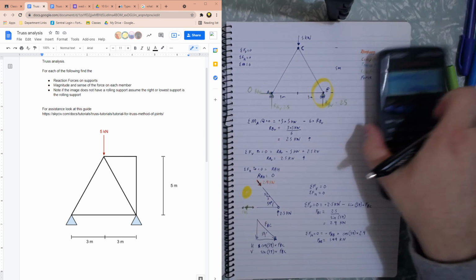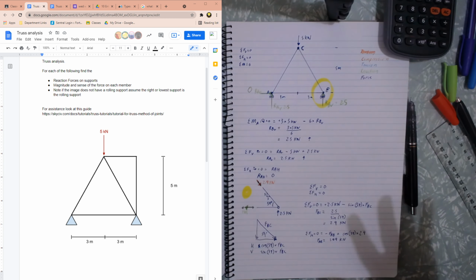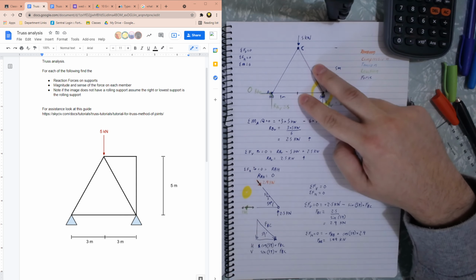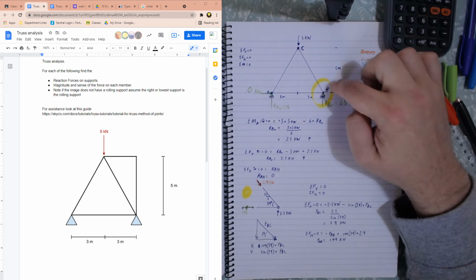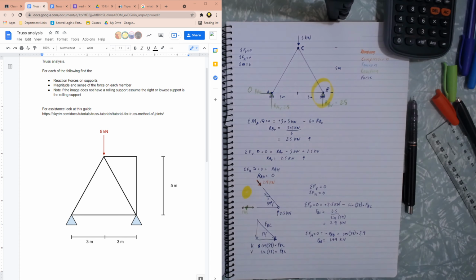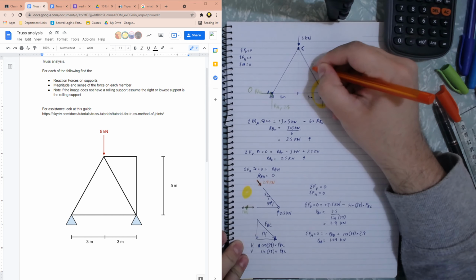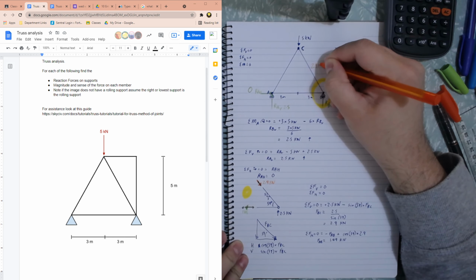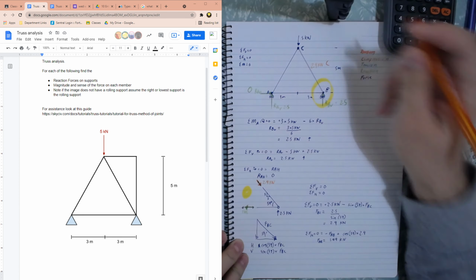So what we've done here is we've already solved two members of this scenario. We have solved AB and we have solved BC. If we write this over here, we can say that BC is going to be 2.9 kilonewtons, and we're going to say C to denote compression.